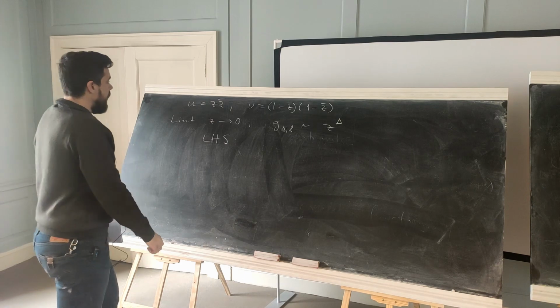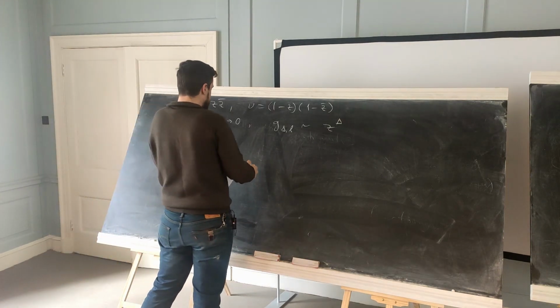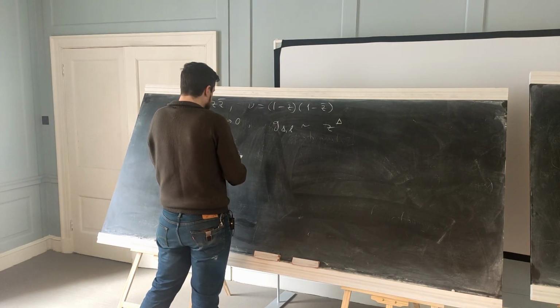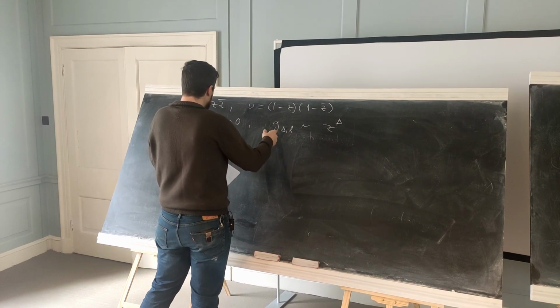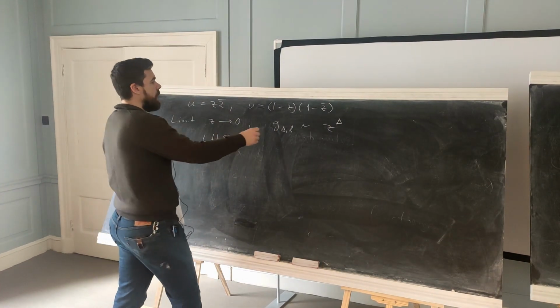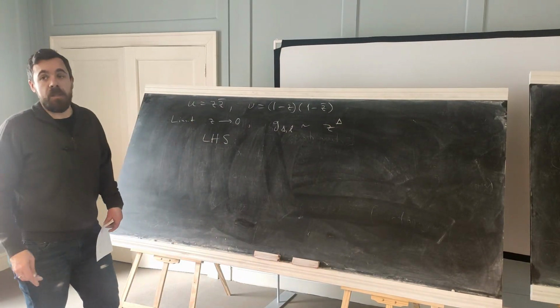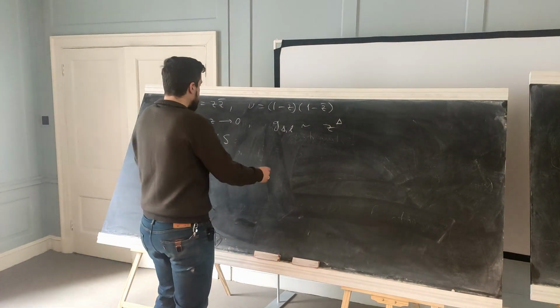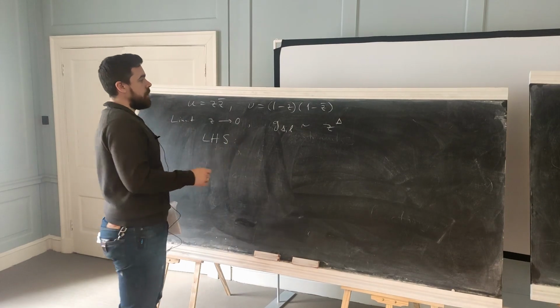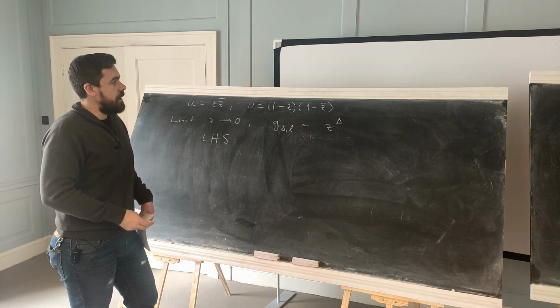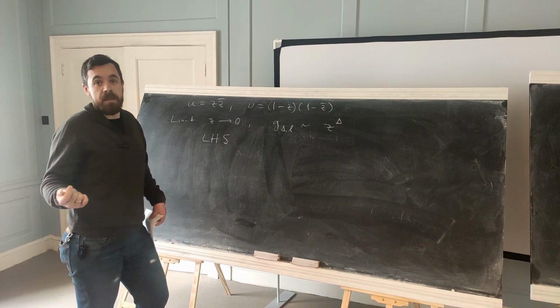And so on the left-hand side, the dominant contribution is going to be the one associated with the smallest possible delta. And the operator with the smallest possible delta in the CFT is the identity operator. It has delta equals 0.